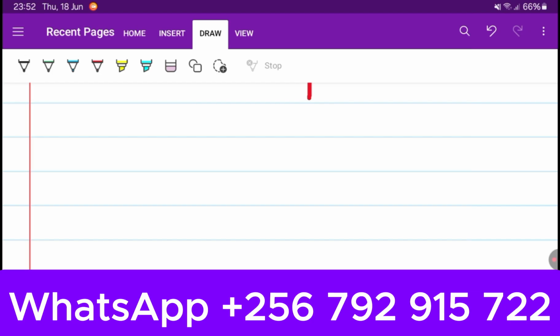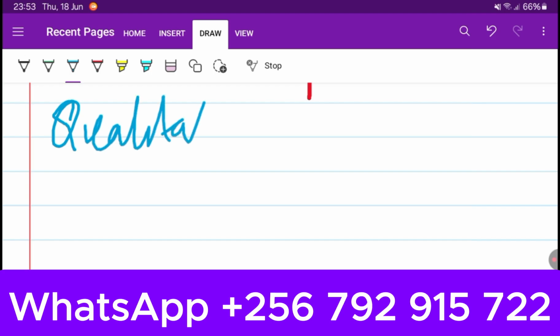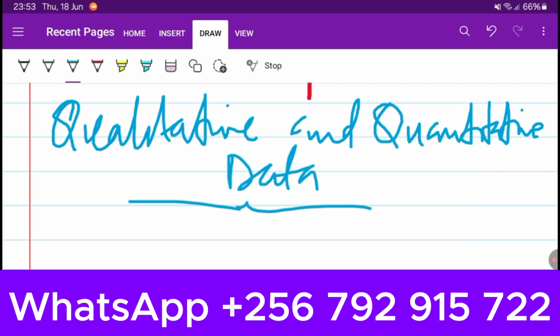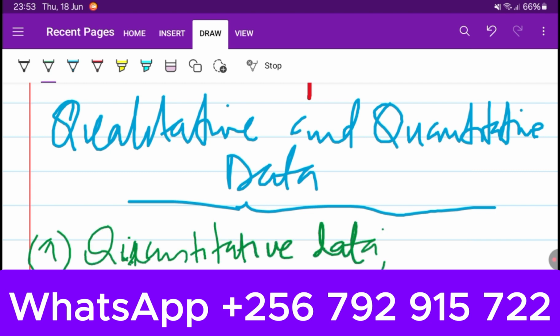But if they are talking about the types, even when you give these two, it's not a problem. So we have what we call the qualitative and quantitative data. But this one is very easy. So let's start with the quantitative data.